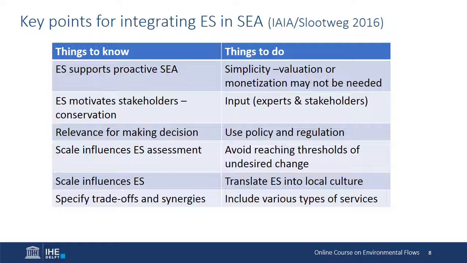An example of this could be the availability of water. When we change a river, we affect other uses, both upstream and downstream, and that reflects on services that might be gained or lost.